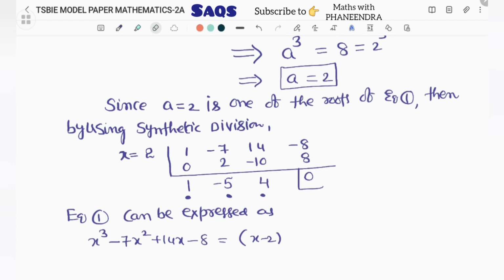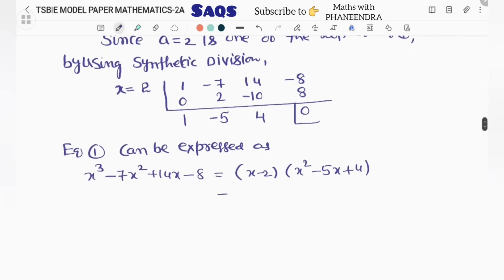For our understanding purpose, I am putting marks here, dear students. So we can write it as x square minus 5x plus 4. Even by factorization we can do that: x minus 2 into x square minus 4x minus x plus 4.